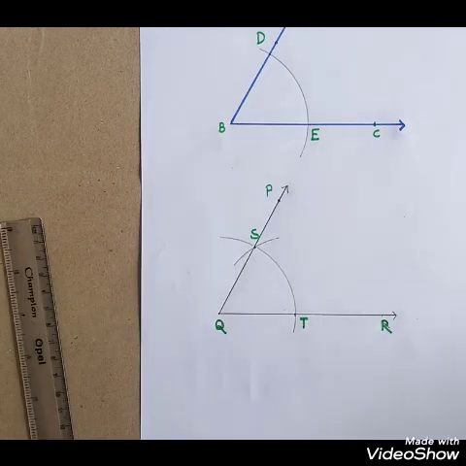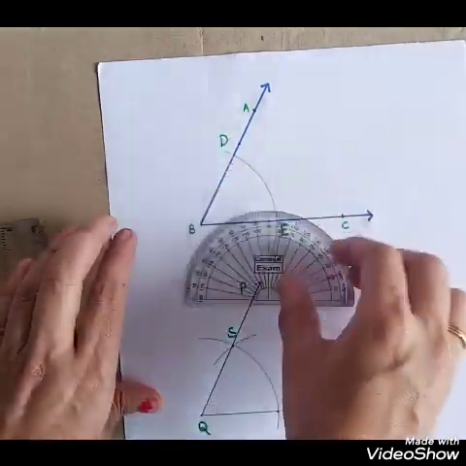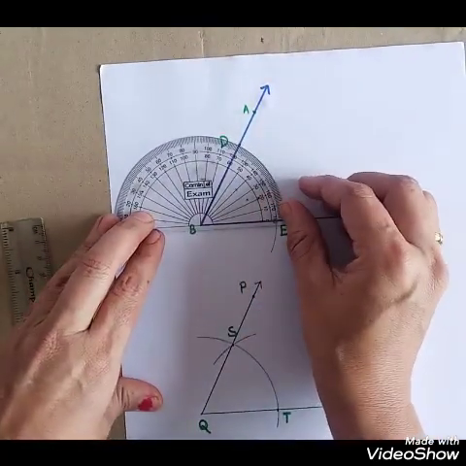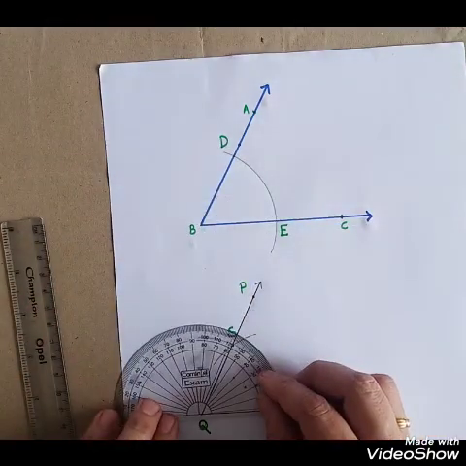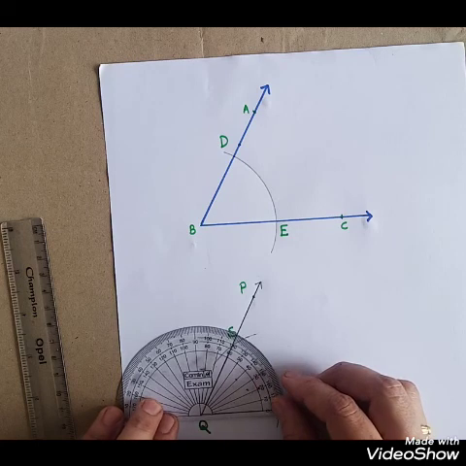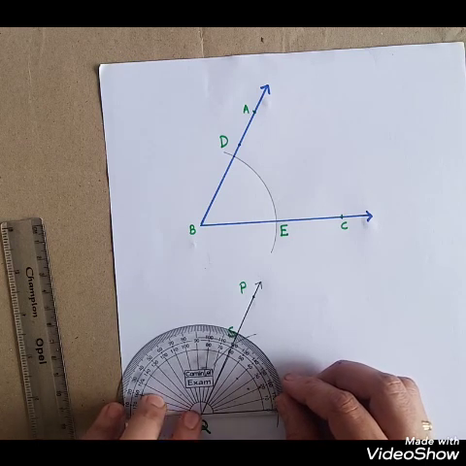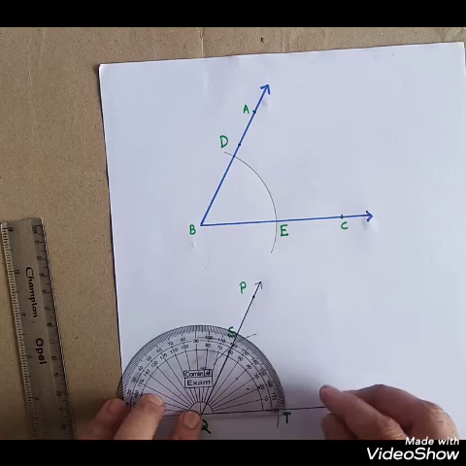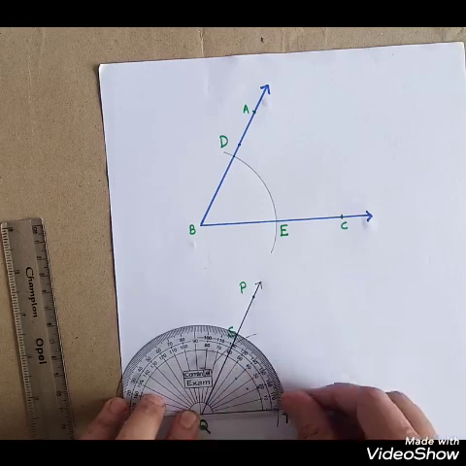Now we are going to verify the measure of these angles. Angle ABC is of 60 degree. And this angle PQR is of 60 degree.